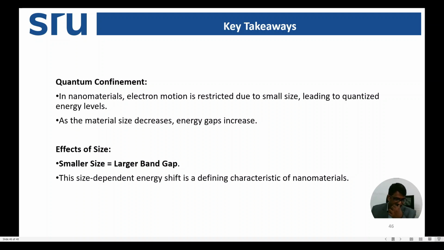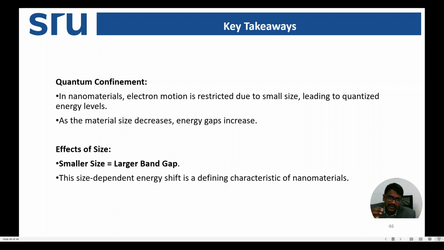What are the two reasons for the existence of this technology? Based on two reasons we can explain everything: one is higher surface to volume ratio, and second one is quantum confinement.